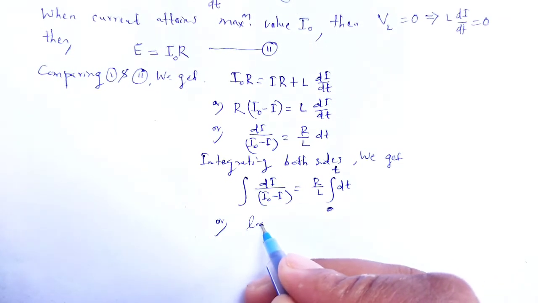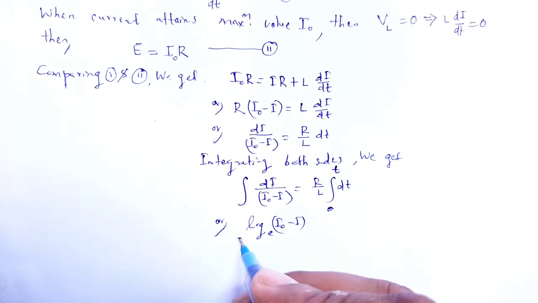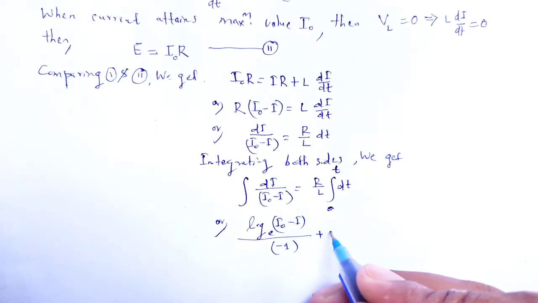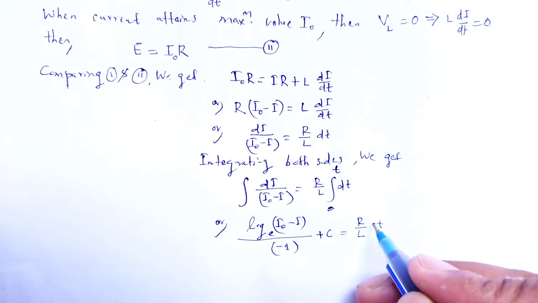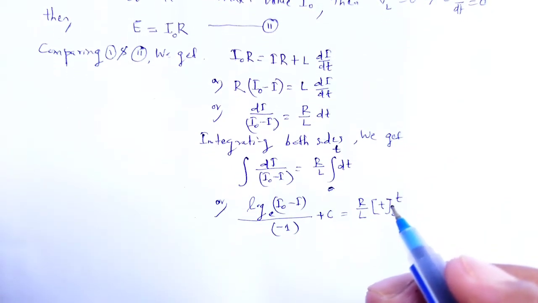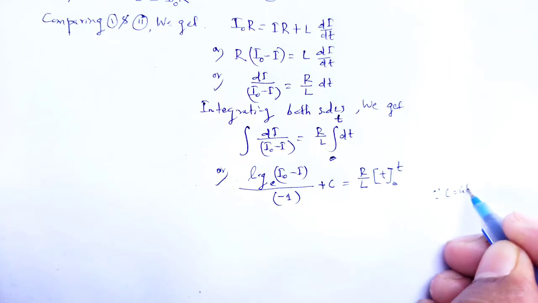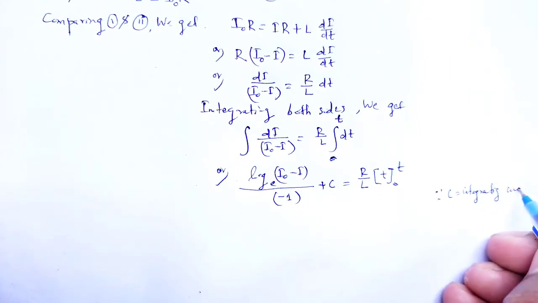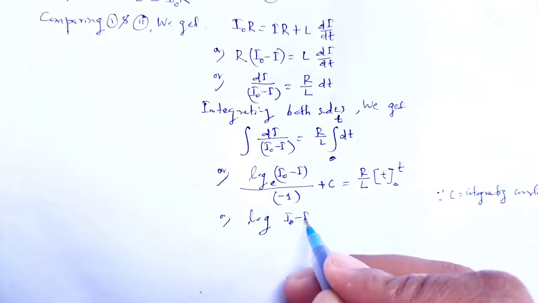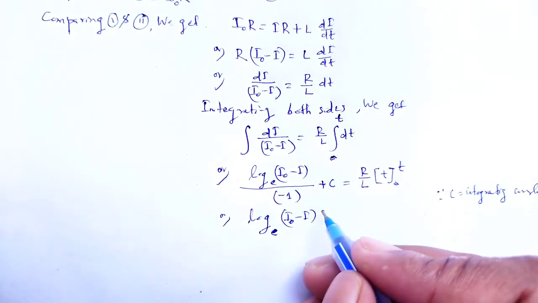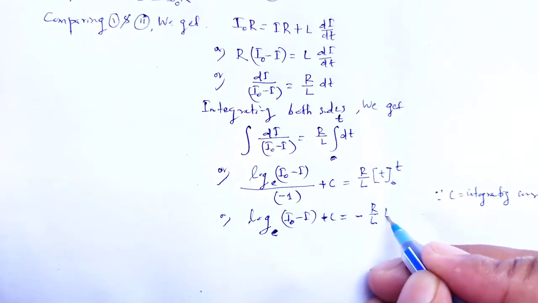That gives log of I naught minus I base E divided by minus 1 plus C, where C is the integrating constant, is equal to R by L, the value of t from 0 to t, or log I naught minus I base E plus C is equal to minus R by L into t.